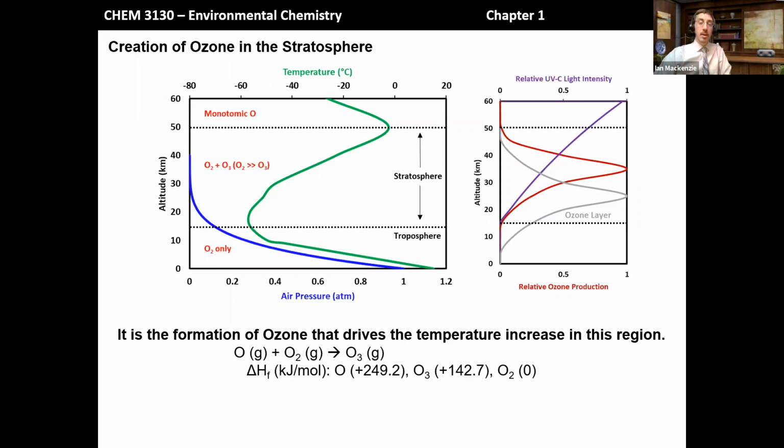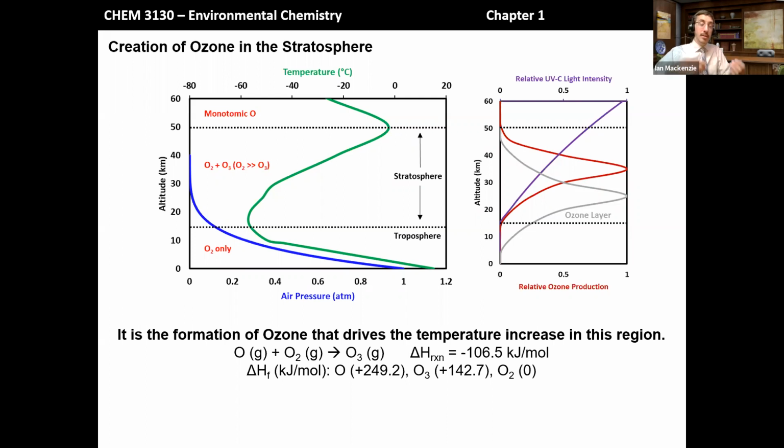If we look at the heats of formation, for monatomic oxygen it's plus 249.2, and for ozone it's plus 142.7. O2, remember, is the elemental form of oxygen, so its heat of formation is 0. Products minus reactants, it's simply 142.7 minus 249.2. We end up with this reaction being exothermic by a little more than 100 kilojoules per mole.